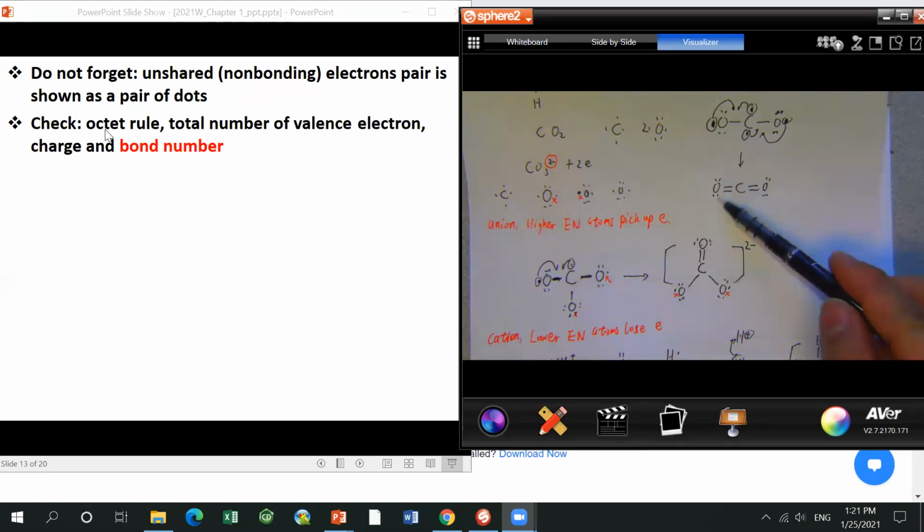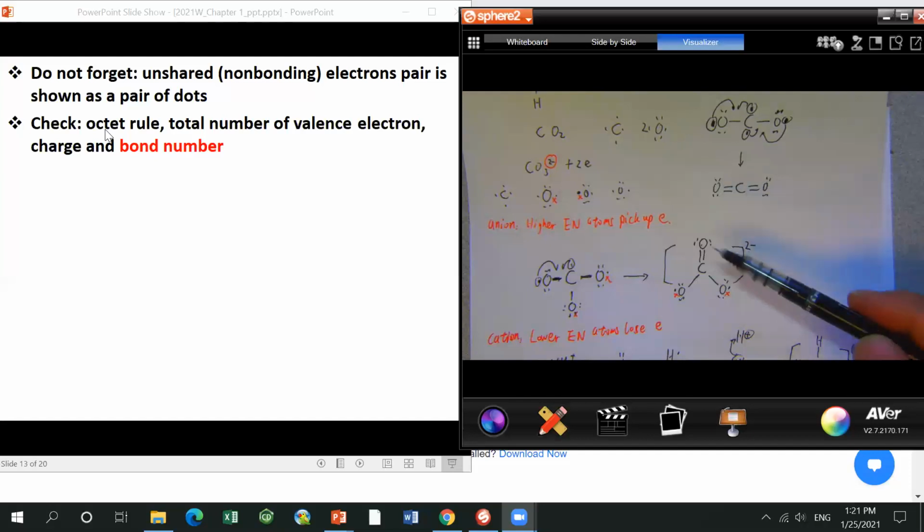That's 1, 2, 3, 4, 5, 6, 7, 8. So we have 4 bonds and 4 lone pairs, totally 16 valence electrons. The number of valence electrons won't change. And also the charge, make sure that you label it. Don't forget it.